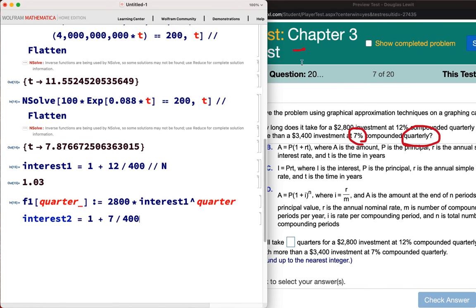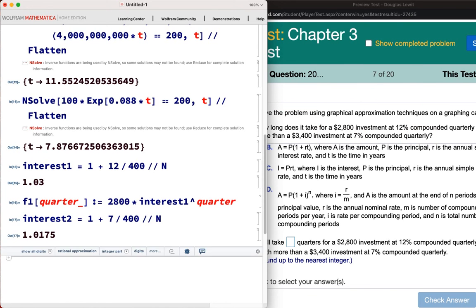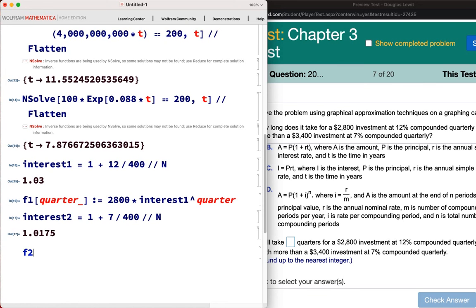So remember, guys, 7 divided by 100 divided by 4, it means the same thing as 7 divided by 400. Just basic algebra, okay? Basic algebra. Okay, so make that a decimal. Okay. Then F2 quarter, $3,400 times interest 2 to the power of quarter.